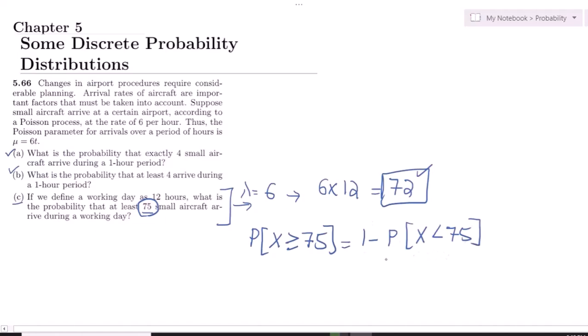Now this is again a very huge number, and in order to solve it, we cannot use the Poisson distribution. We have to go to the continuous probability distribution, and that is the normal distribution.